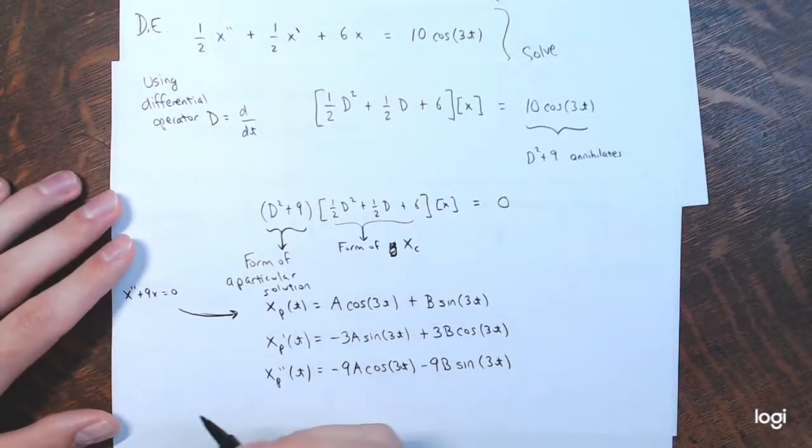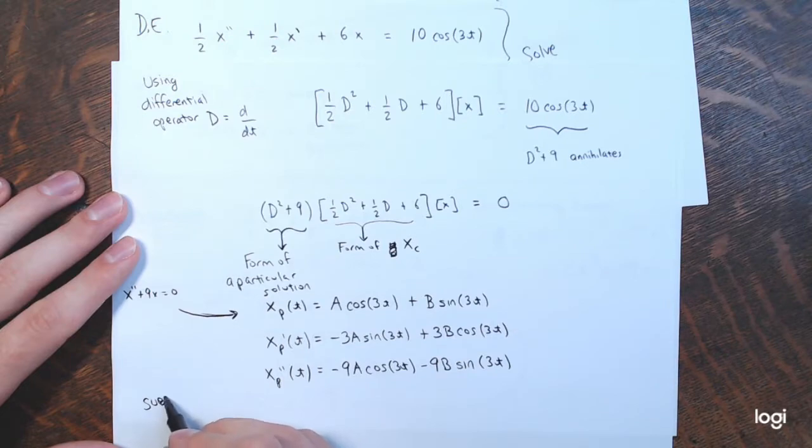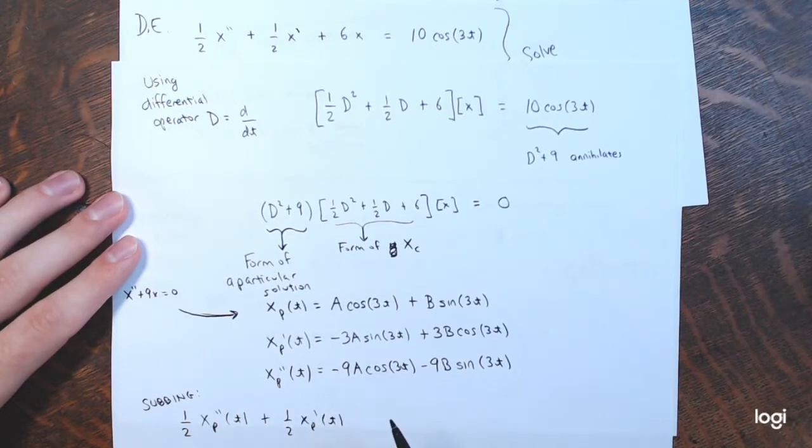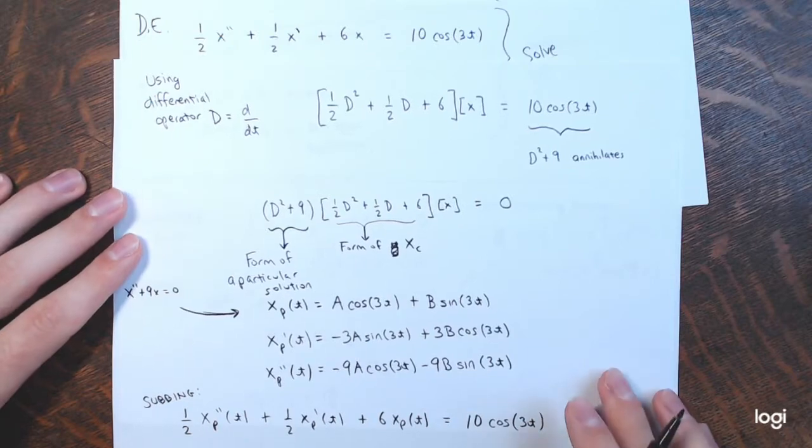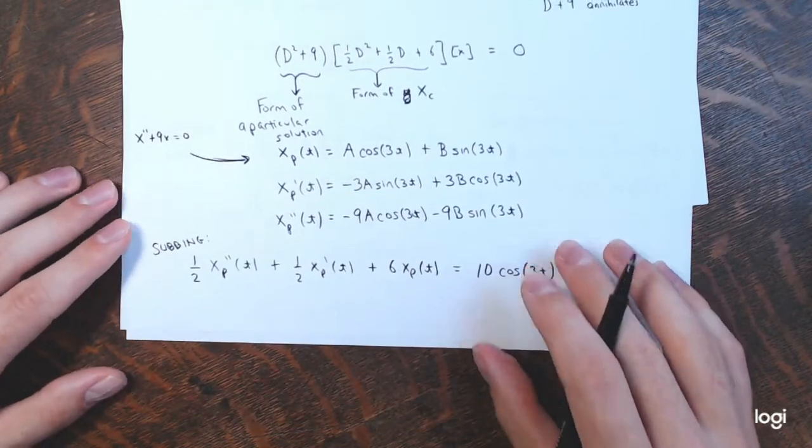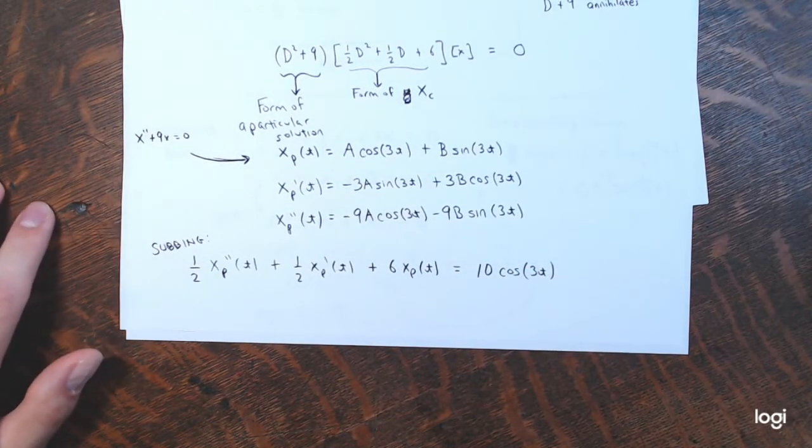So substituting, I'll say half of xp double prime plus half of xp prime plus 6 times xp. This should be equal to 10 times the cosine of 3t. And then I'm going to equate some coefficients on another page here.